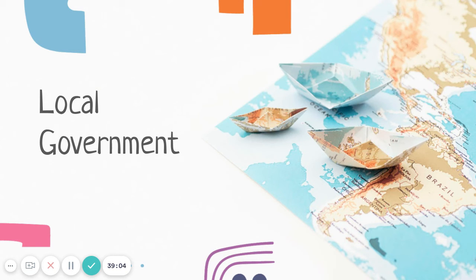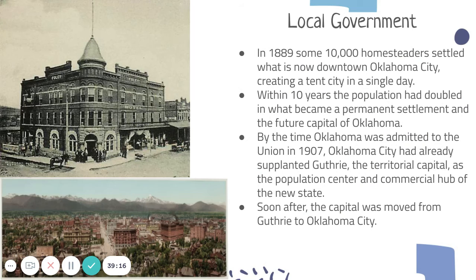Well, heading into the last part of our lesson, we see that there is local government. And what makes Oklahoma unique? Well, we see that back in 1889, some 10,000 homesteaders settled what is now downtown Oklahoma City, creating a tent city in a single day.